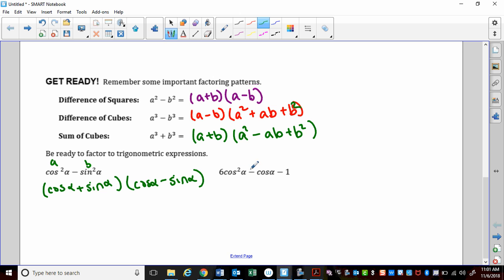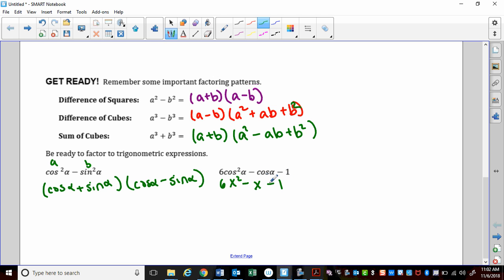If we have something like this, 6 cosine squared alpha minus cosine of alpha minus 1, you can think of this as 6x squared minus x minus 1.